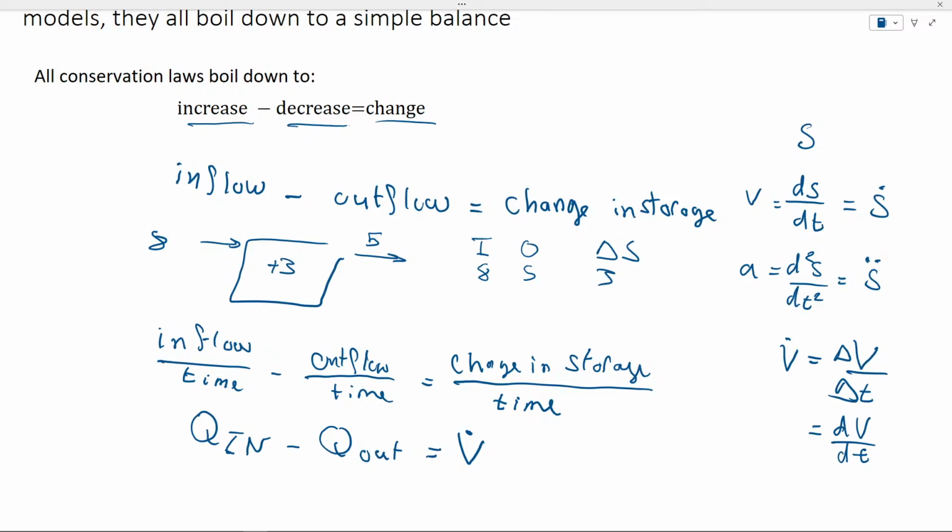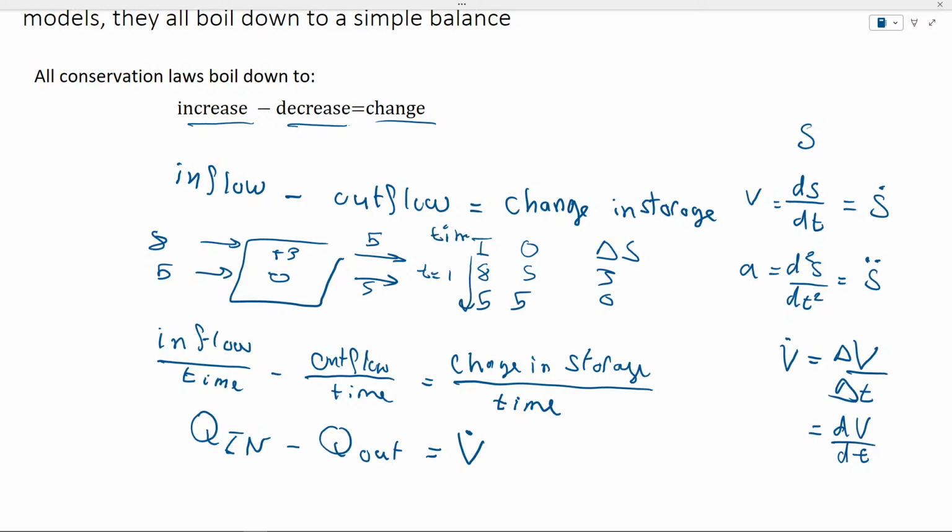So if that is changing in time, at time 1 we have this. At time 2, maybe we have 5 units entering and 5 units exiting, then the change in storage would be 0.